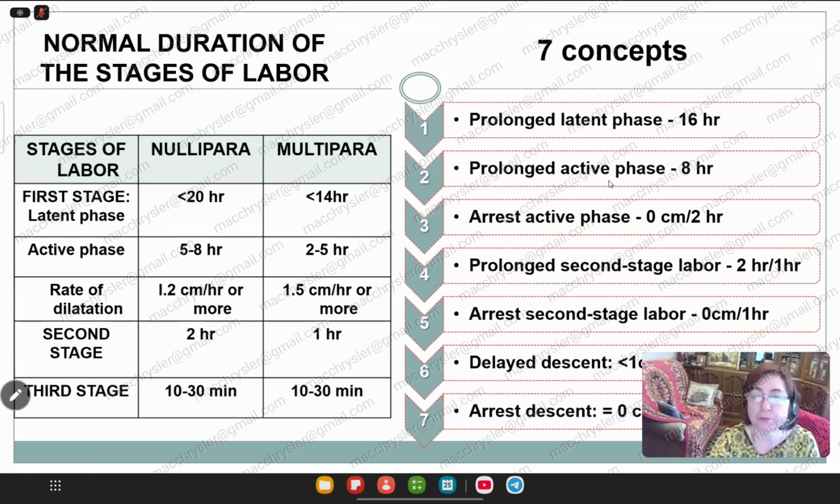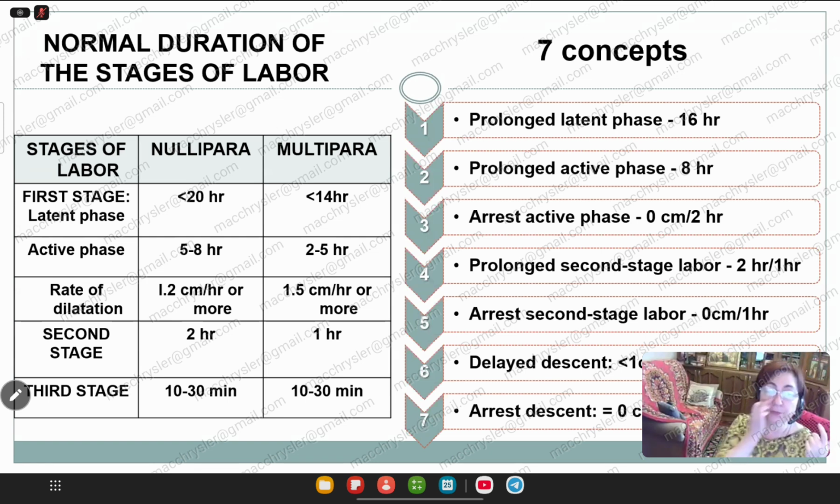Also we have some classifications given according to nulliparous and multiparous. About prolonged latent phase we already talked. About active phase, because we divide labor according to stage and also according to latent phase and active phase.